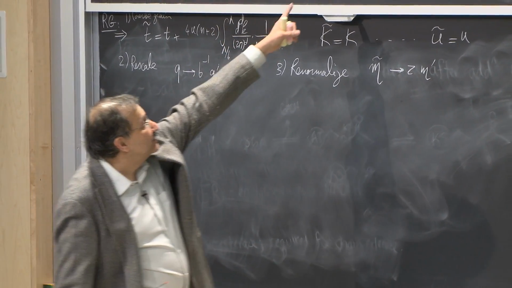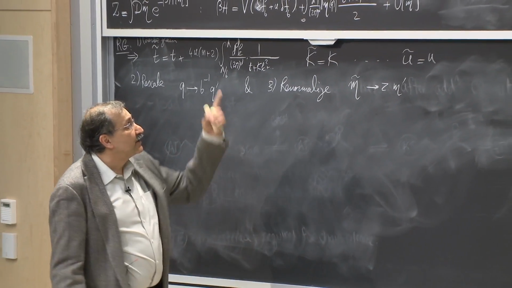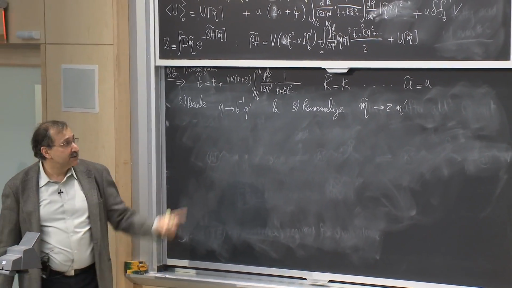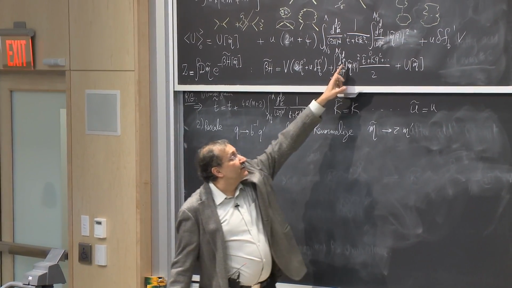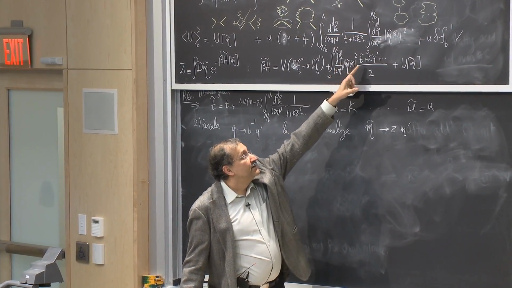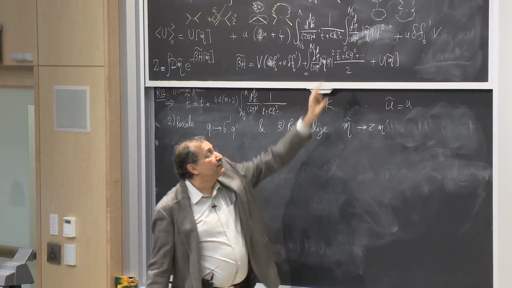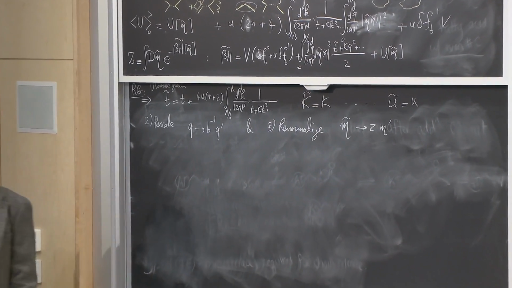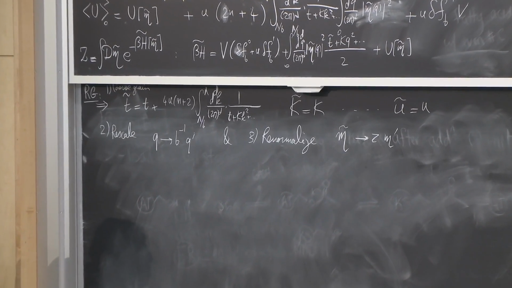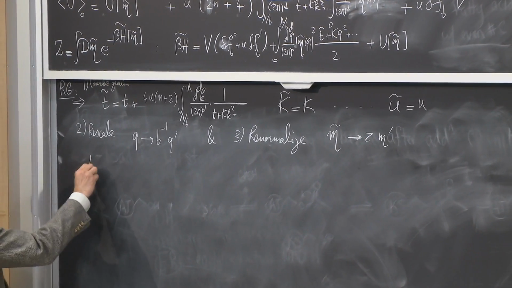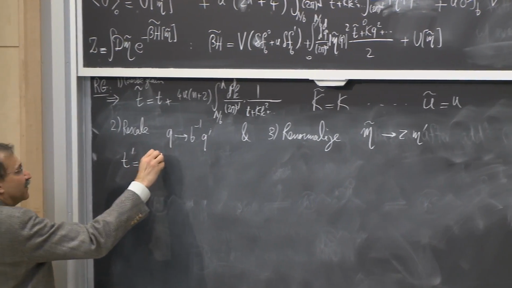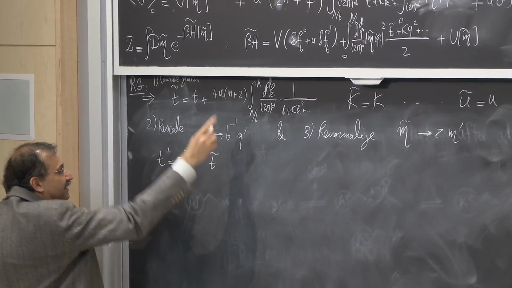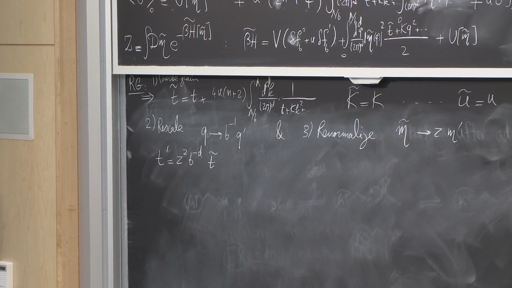So I go back into my equation, and whenever I see q, I replace it with b inverse q prime. So from the integration, I get a factor of b to the minus d, multiplying t tilde, replace m tilde by z times m prime. So that's two factors of z. So what I get is that t prime is z squared b to the minus d, this t tilde that I have indicated above.